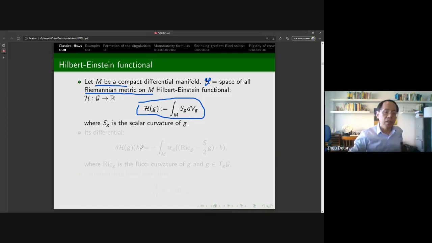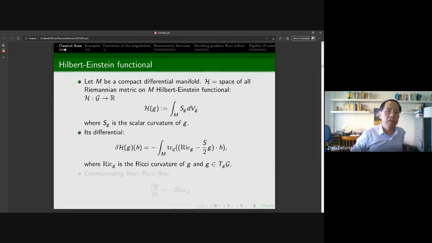So if you compute the first variation, it looks like this. So the first variation of this functional is the trace of this product. So here, Ricci is the Ricci curvature, S is the scalar curvature, H is just the variation vector field.